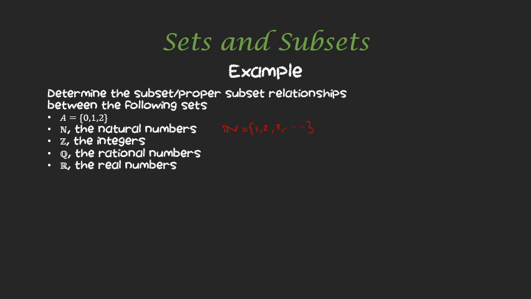And so first off, comparing the set A to the natural numbers, we can see that while 1 and 2 are elements of A that are also elements of the natural numbers, A contains the element 0, which the natural numbers do not. And so for these first two, we'll say A is not a subset or equal to the natural numbers. So anytime we can say not an element of or not a subset of, we just draw a strike through that symbol, and that means the negation of that statement.